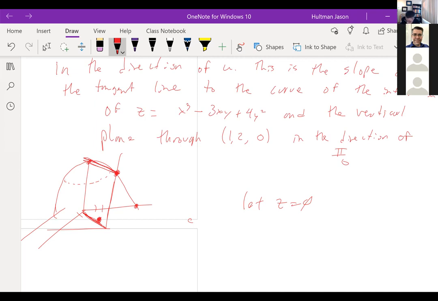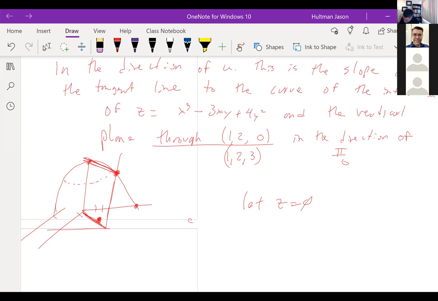That makes sense because you're at 1, 2, and the plane goes through this, but it also goes through 1, 2, 3. Z can be anything in that plane. I don't know why they didn't say 1, 2, f of 0. I guess they're just letting z be 0 to make it easy to draw the plane of intersection. A picture is worth 1,000 words.